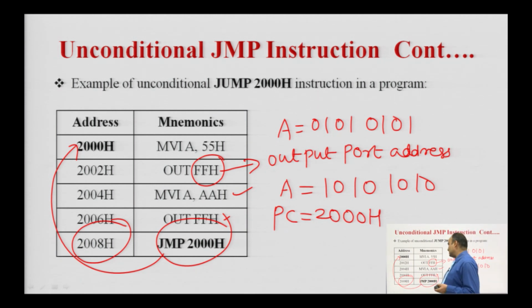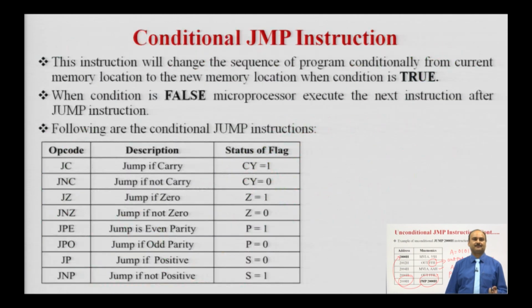Then again the processor will load the accumulator with the value AAH. The new value is loaded and again sent to the output port FFH, and again it will execute the JMP instruction. When the processor executes the JMP instruction, the program counter will hold the value 2000H, which is the address of the memory location where the next instruction is present. So this is the example of the unconditional jump instruction.